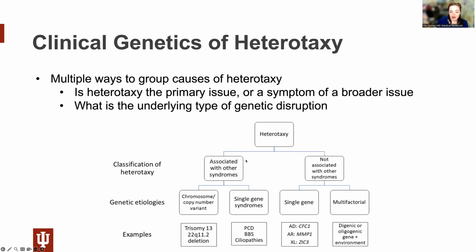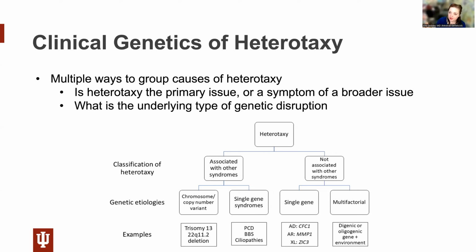And then we have single gene syndromes, or rarely digenic, where we know these two genes are disrupted. And primarily we think of primary ciliary dyskinesia. This example is Bardet-Biedl syndrome, which is a ciliopathy that focuses more on sensing cilia. And one of the disorders that we know, if you have this gene and this gene disrupted, you have disease.